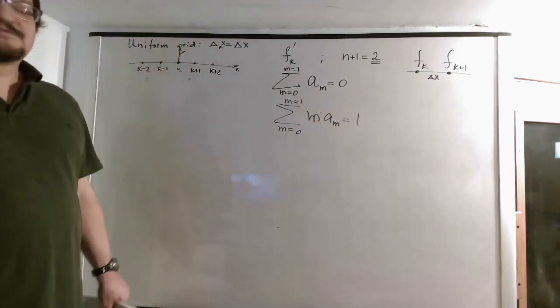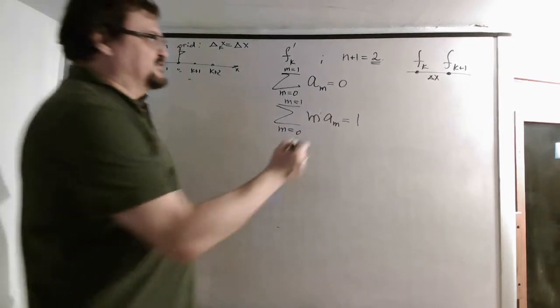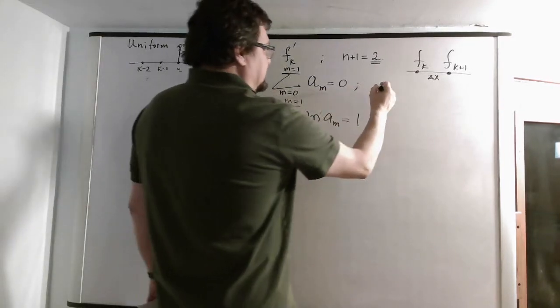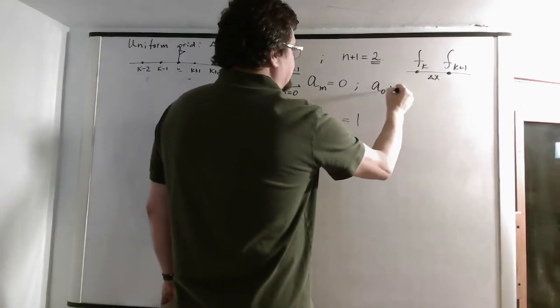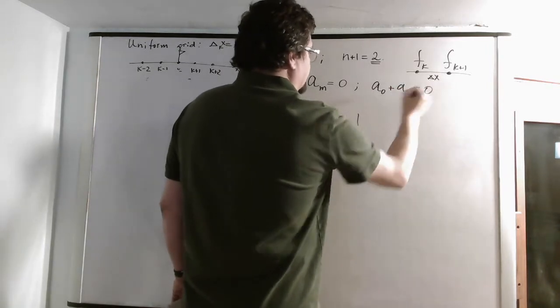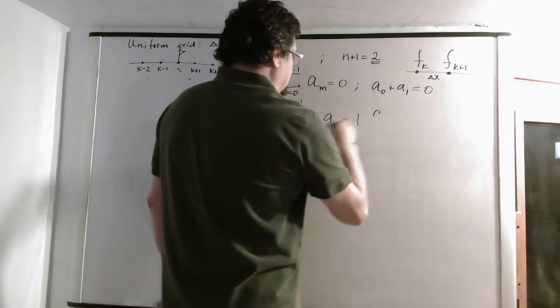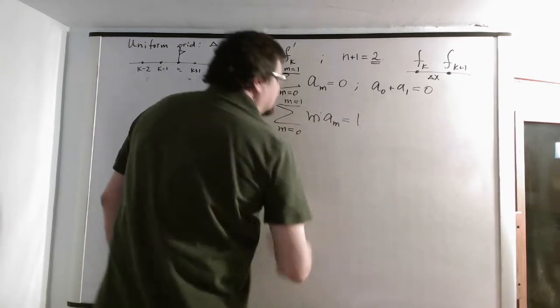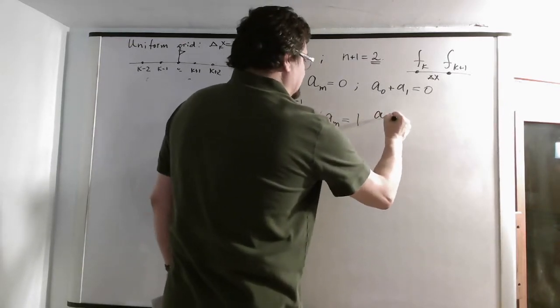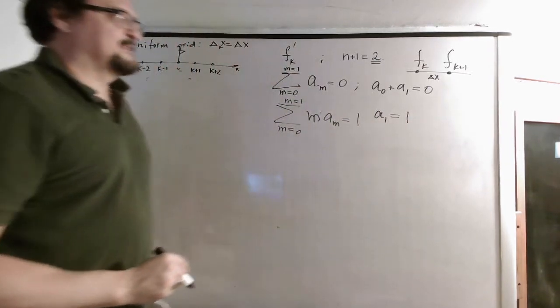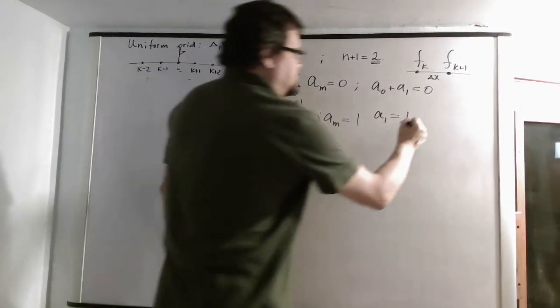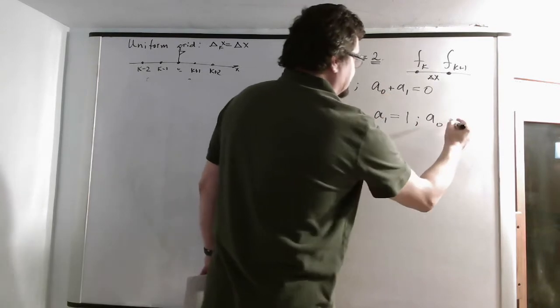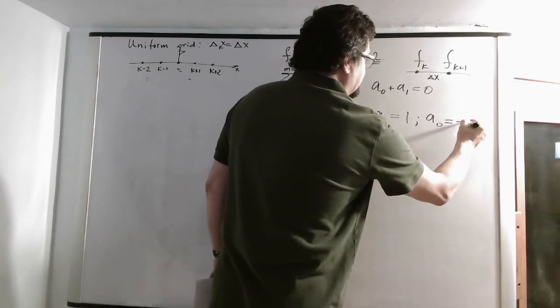We have only 2. If we write it as an expression, it means a0 plus a1 equals 0, and m, which is 0, so nothing. Then we have a1 equals 1, and from this equation a0 equals minus 1.